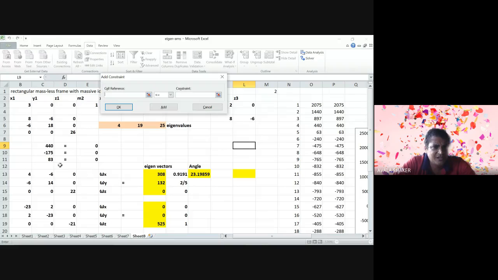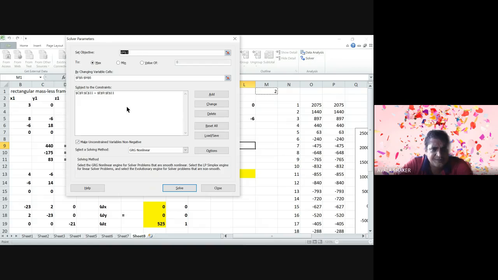So the reference cells are this and this, and they have to be set to zero. There are other constraints also, you can say greater than, less than, but here we are using equal to. Till here it's fine, and then you say okay.